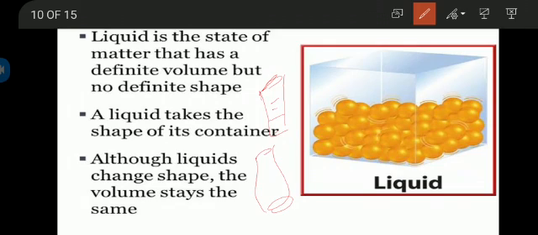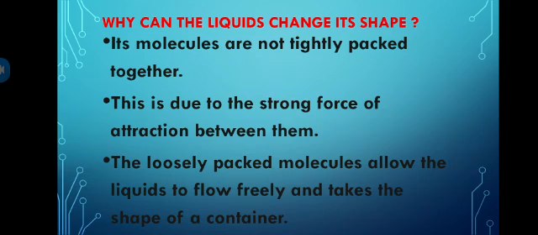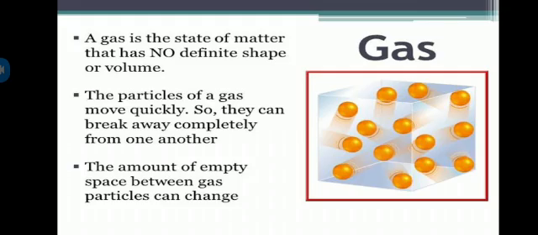So it takes the shape of the container in which it is poured. So now the question is, although liquids change shape, the volume stays the same. But why can the liquid change its shape? Okay, it can change its shape because the molecules are not tightly packed together.